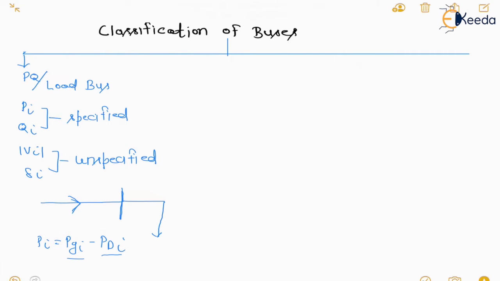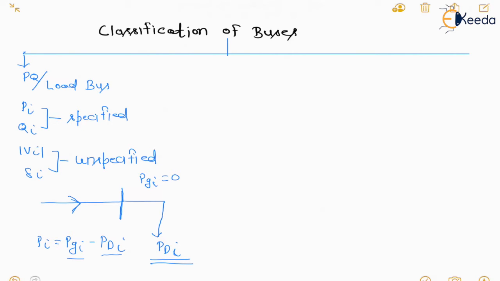For a load bus, PGi is equal to 0 and PDi is always known. Remember guys, in the BTech syllabus, our PDi will always be specified, meaning it will always be a known value.